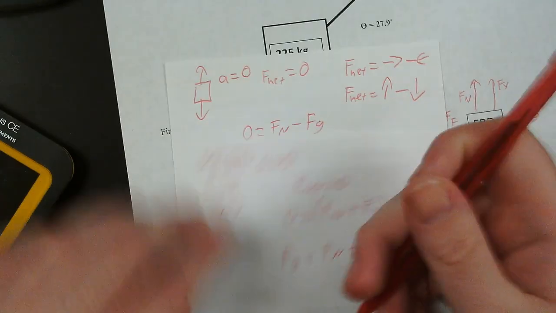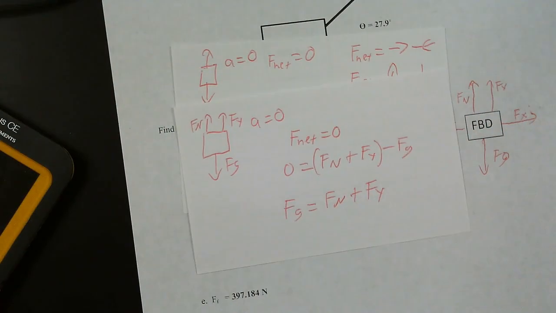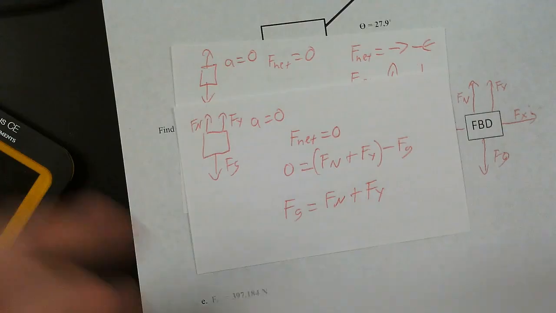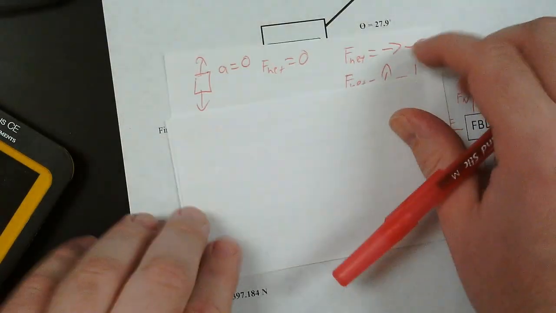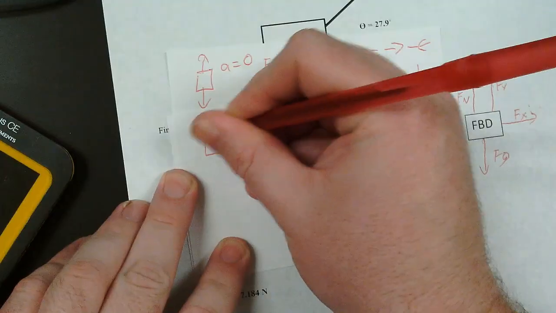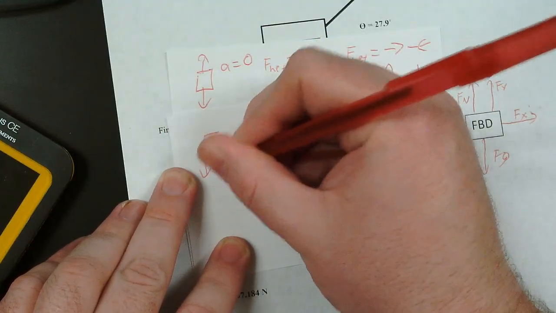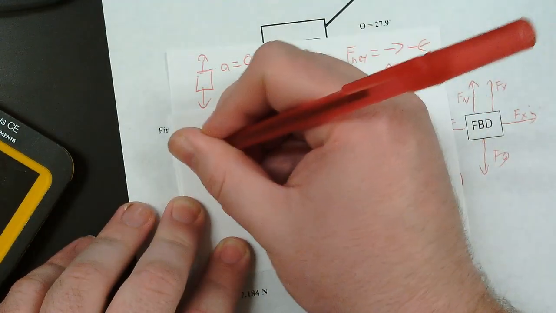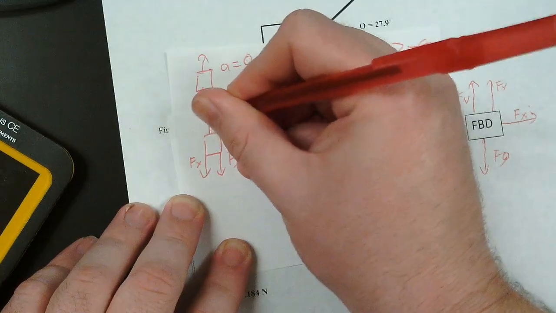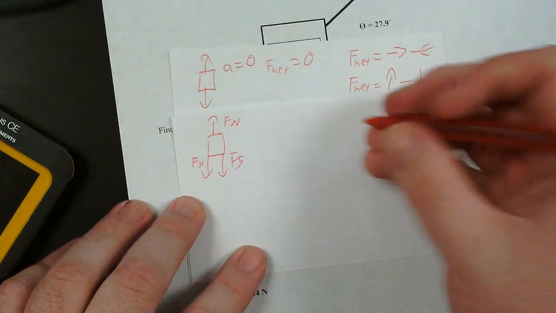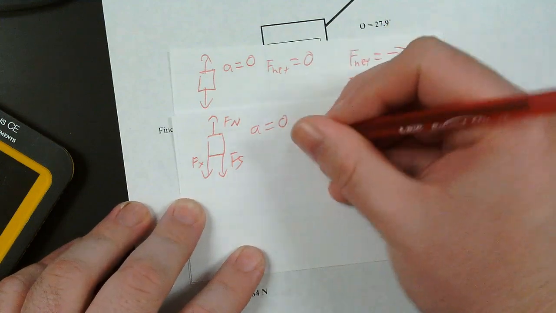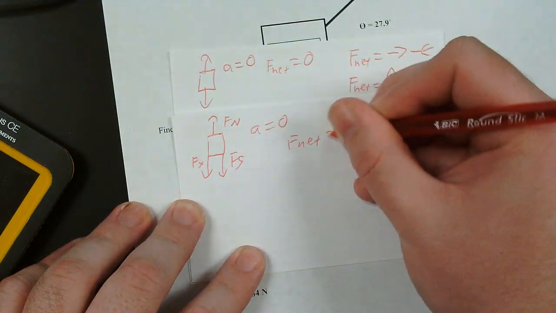If instead I was pushing down on the object, let's get another note card here. If I was pushing down, I had this instead. Fg, Fy, Fn. If I'm pushing downwards, my formula, again, a equals 0, Fnet equals 0.